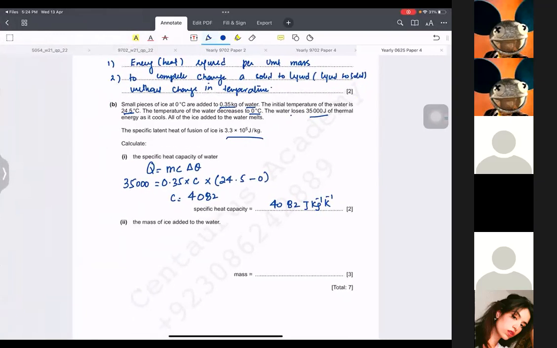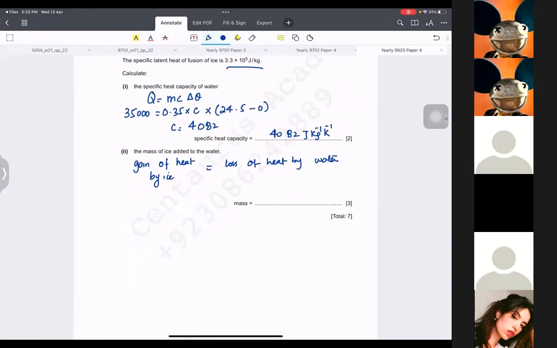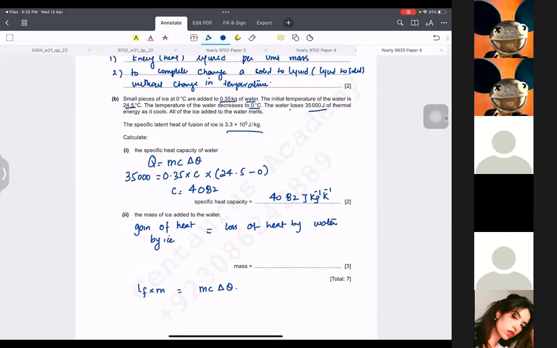Then you can say the mass of the water added. Now, this is very important, and that's why it's 3 marks. We should remember that the gain of heat by ice should be equal to the loss of heat by water. So this should be the equation, right? The gain of heat, because it is melting, we use latent heat of fusion times mass, and it was heating, so mc delta theta. The latent heat of fusion of ice was 3.3 times 10 raised to 5.